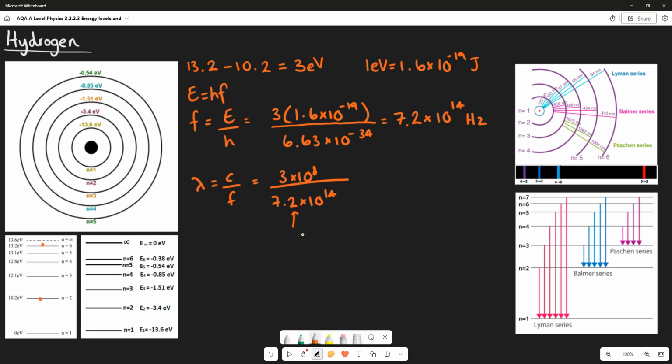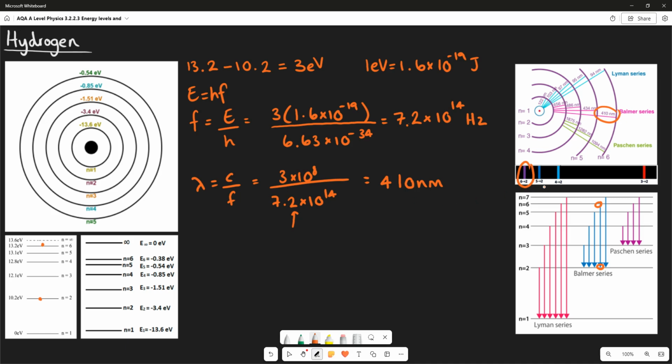I've rounded it to 2 significant figures, and I'm going to use the number that's still in my calculator to calculate the answer, and then I'm going to write my final answer out to 2 significant figures. Which is this one over here. So I've just confirmed the answer. 6 to 2, and that gives out 410 nanometers, which is in the purple range.